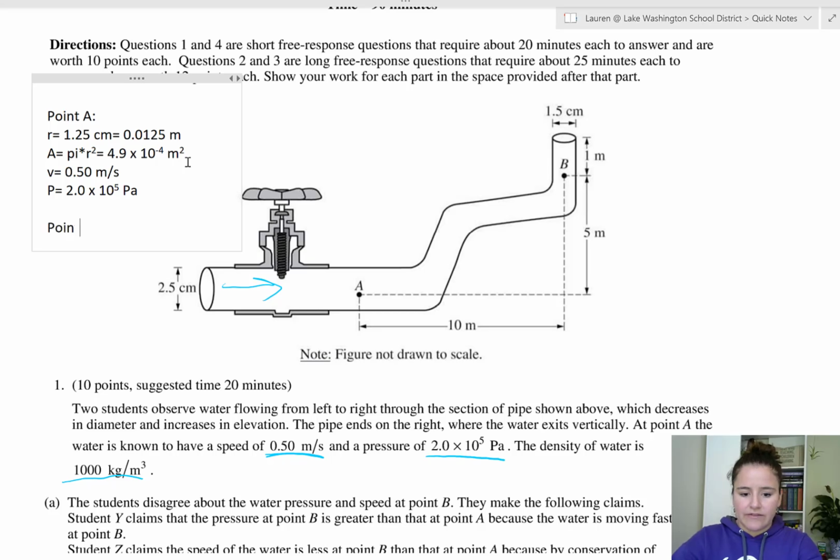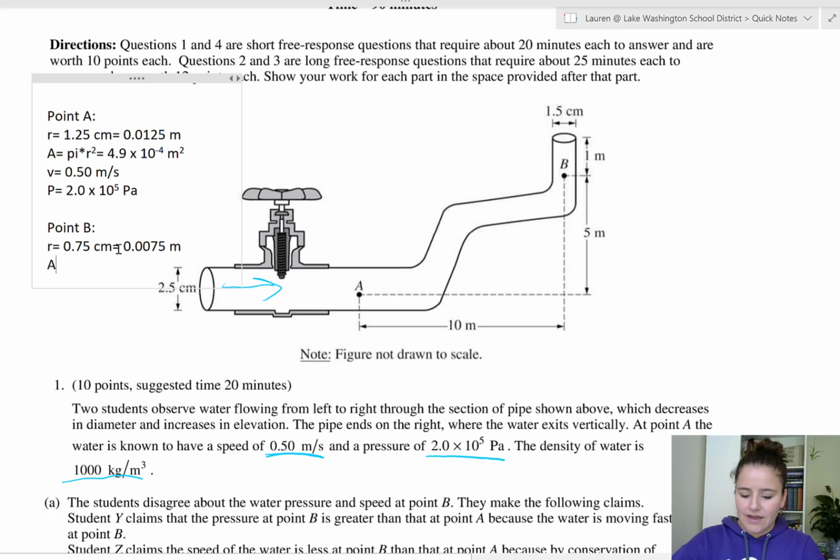Okay, we can do the same for point B. Point B has a radius of half of 1.5 centimeters. Just 1.5 divided by 2, 0.75 centimeters, which will be 0.0075 meters.